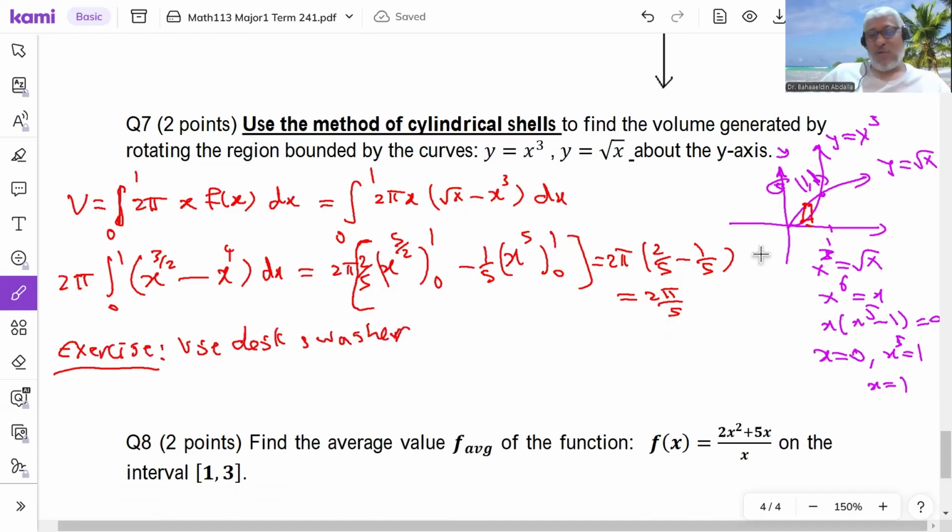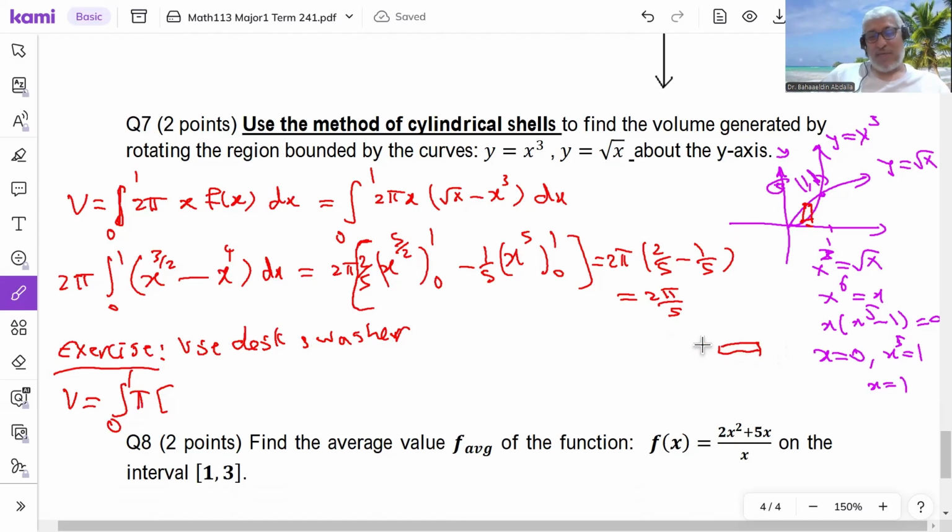If you use the disk and washer method, then you will use a horizontal rectangle. And to use a horizontal rectangle, the width of the rectangle would be dy. So the formula would be the integral from y again from 0 to 1, pi times outer radius squared minus inner radius squared.